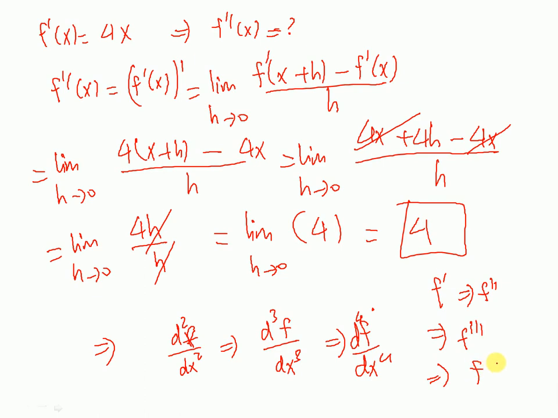When we get to 4, we no longer use the prime, but we have to write a 4 inside a small parenthesis. Okay, 4 and above.